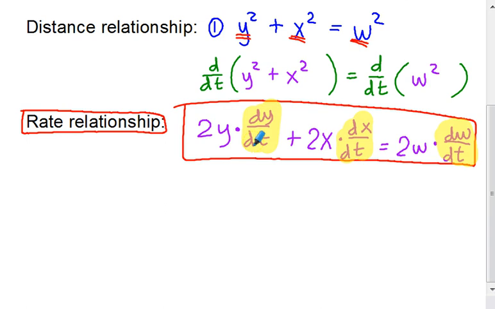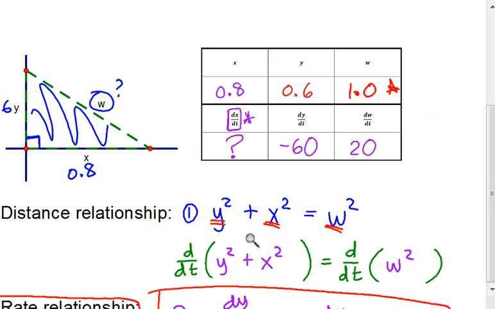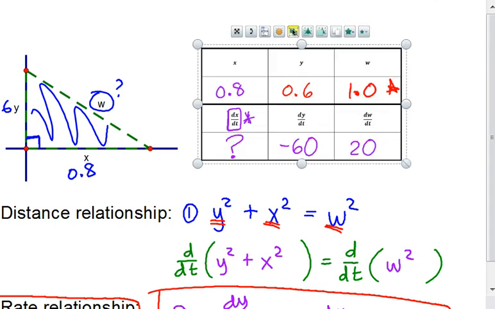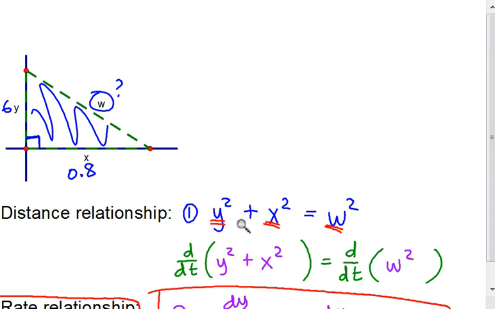Okay, so it's a relationship between rates of change which is why these are called related rates problems. Okay, and so now I'm at a point where I'm all set to use the information in this table. So maybe I'll just grab that real quick and bring it down to where I can see it.